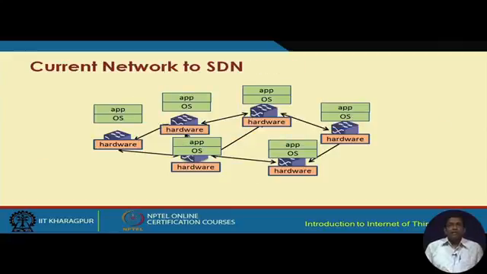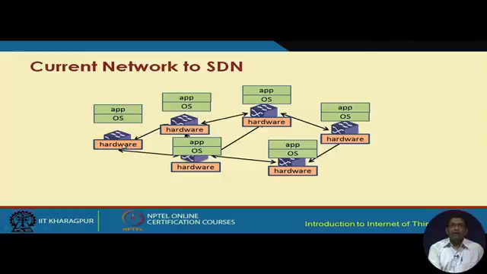Now, what is required is to make these networks efficient by overcoming the limitations that we have just gone through. So, the whole idea in SDN is to take care of the limitations by separating the application and the operating system from the hardware.